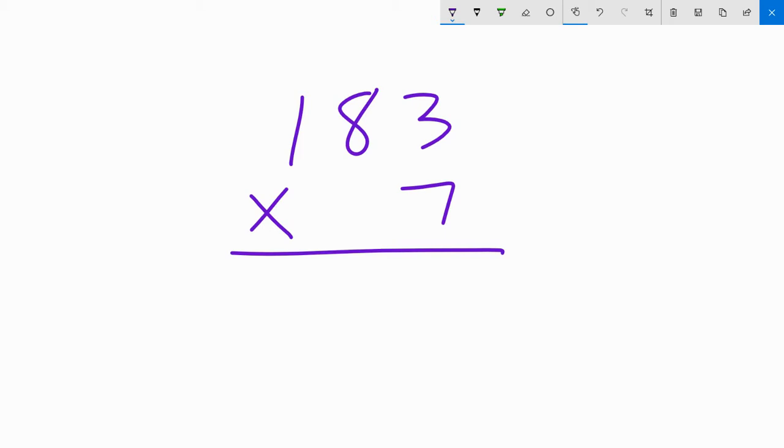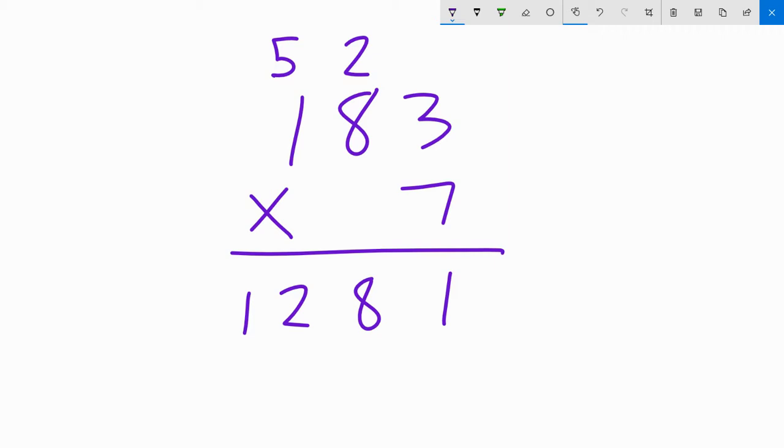Now it's all the same steps still. Remember, it's 7 times 3, which is 21. Now the difference is you're carrying the 2 there. 7 times 8 is still 56, and then we're adding the 2 more. So 56 plus 2 is 58. And then 7 times 1 is 7, and then add in the 5 to get 12. You see, we still end up with that 1,281.